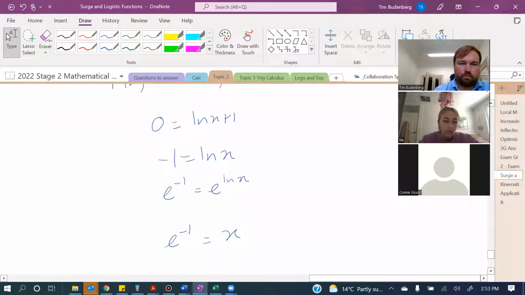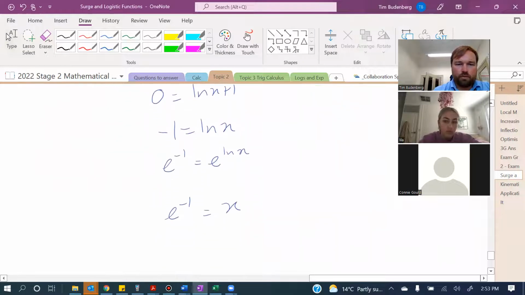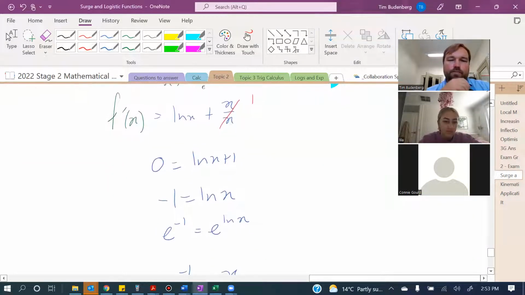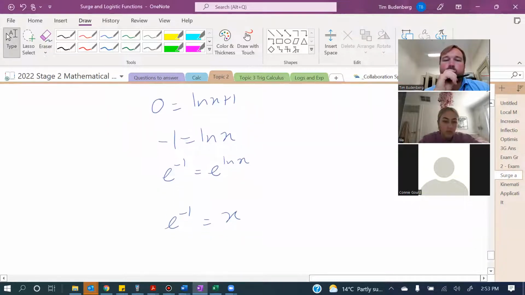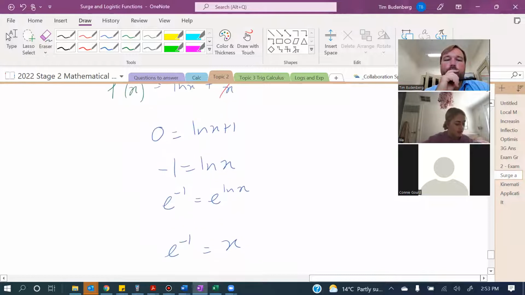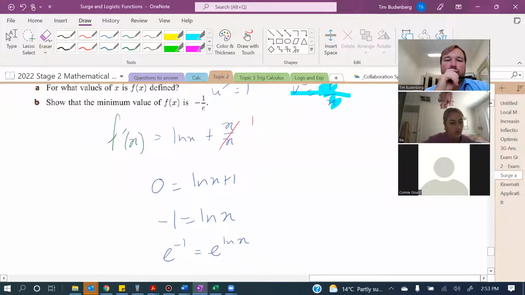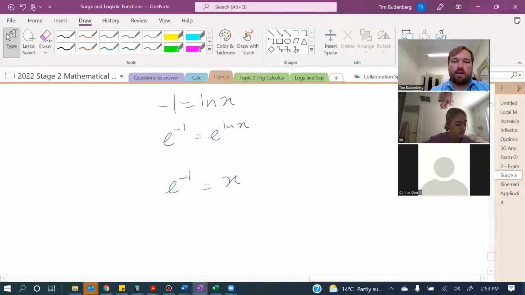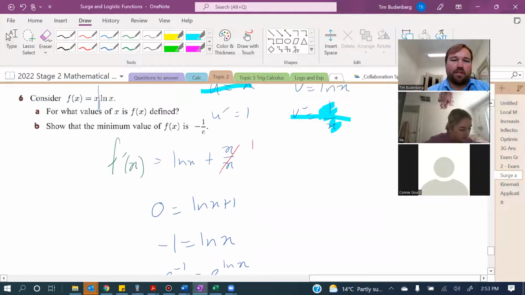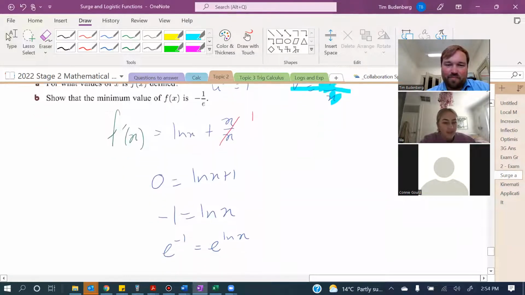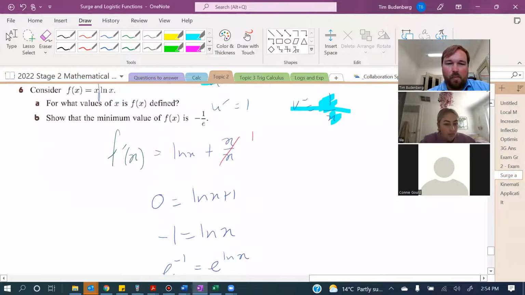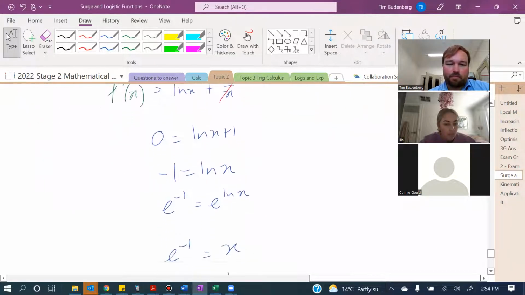Isn't that right? Because that's going to be x equals 1 on e, not negative. So where did the negative go?